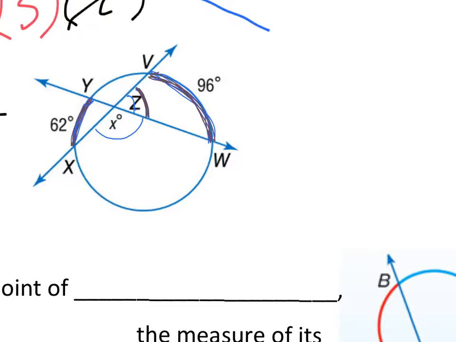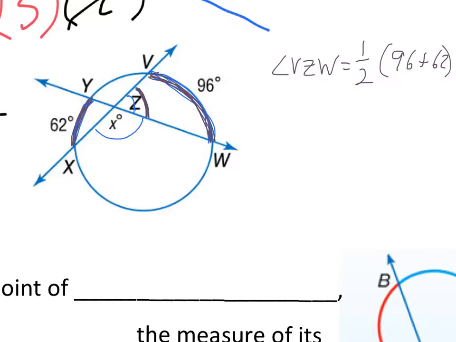So angle Z, we'll call it, or we'll call it VZW. That way we don't mistake it for something else. Is equal to 1/2 the sum of the two arcs. 96 plus 62.